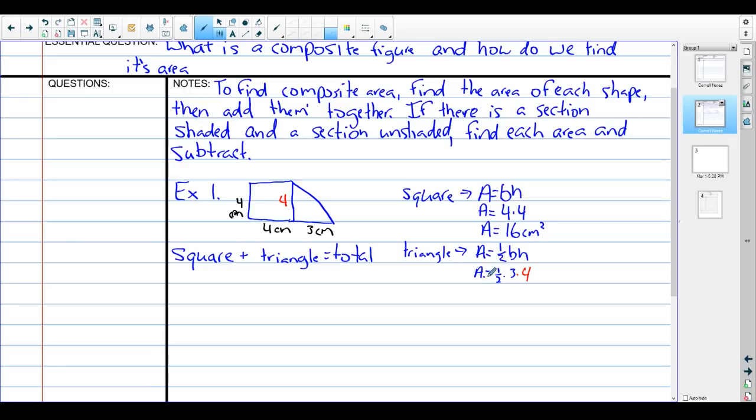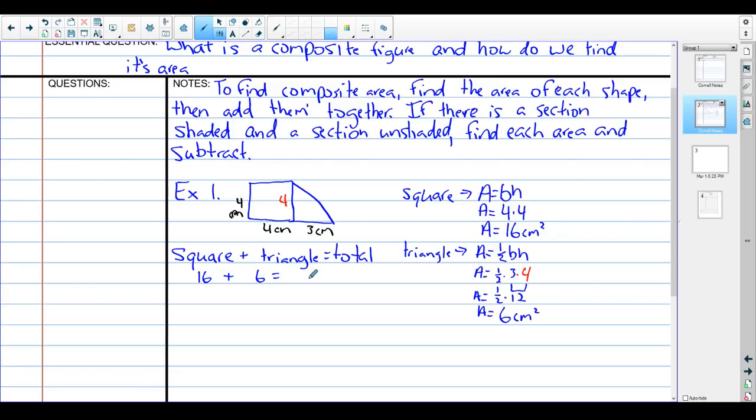Then we find the area of that, so half of 3 times 4. I'm going to start with 3 times 4 is 12, and then I'm going to say half of 12 equals 6 centimeters. So we go back to this original equation we wrote down. The square is 16. Triangle is 6.